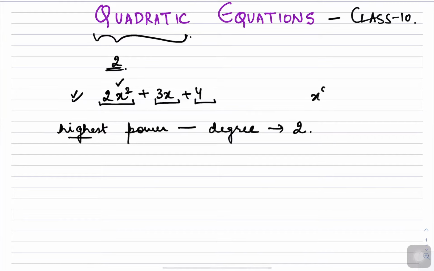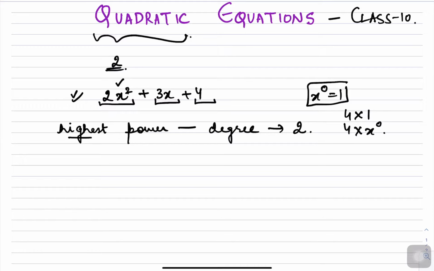Why? We know x raised to the power 0 is 1. And if I write 4, 4 can be written as 4 multiplied by 1, that means 4 multiplied by x raised to the power 0. So if it's a constant term, then we can say the power of the variable is 0. Or I can say that this is a constant term.